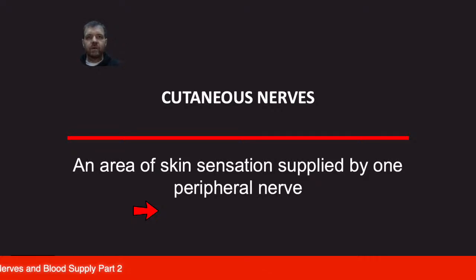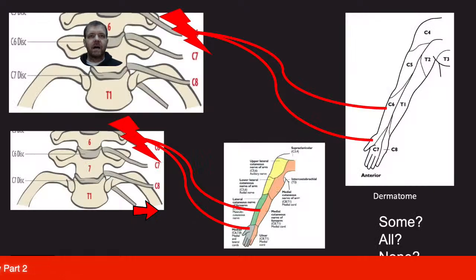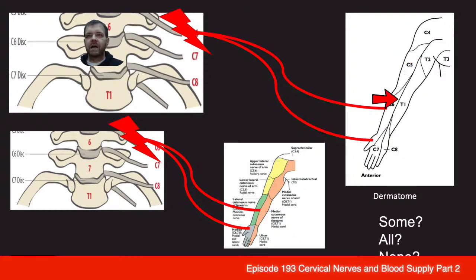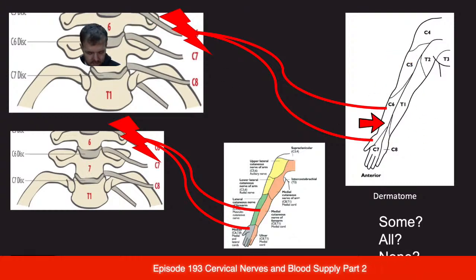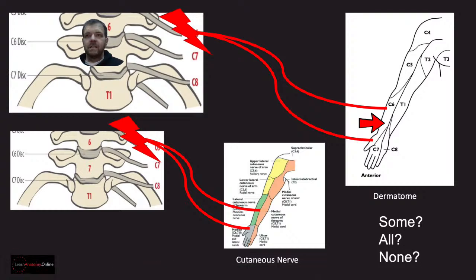Okay, so if we have a look at this, we have got a nerve root C6, and these are the dermatomes. So if you have a problem here, and you've got two different nerves that pass down to supply the skin in this area, it will knock out the whole area.